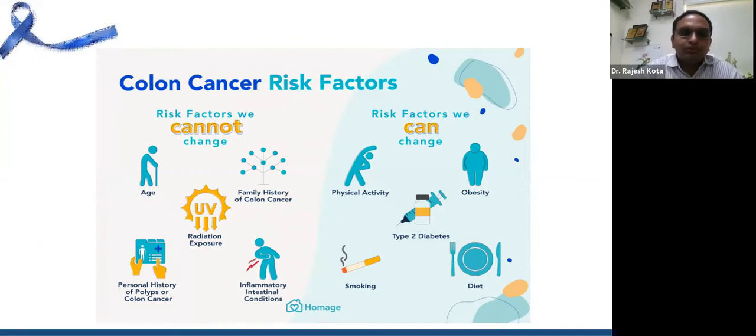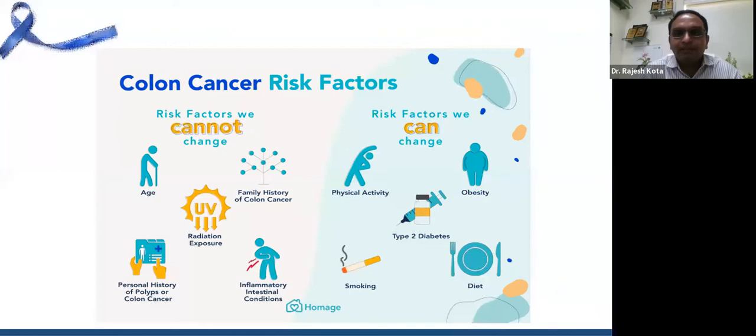The first and foremost is family history of colon cancer. If your elders, your mother, father, grandfather, grandmother, maternal uncle, maternal aunt, or paternal uncle, paternal aunt, have had colon cancer, you tend to have a higher risk.